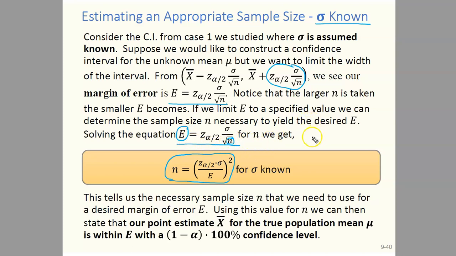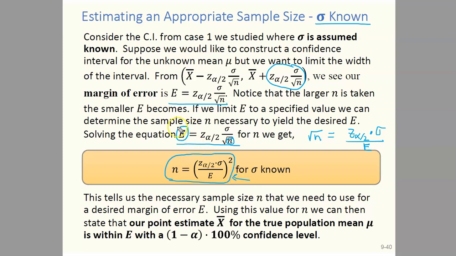I'll just show you here what you would get in that case would be the square root of n, that's what you would get when you would take the square root of n over to this side by multiplying and dividing e to the other side, and then you have to square both sides to get rid of that square root, and you end up with this right here.